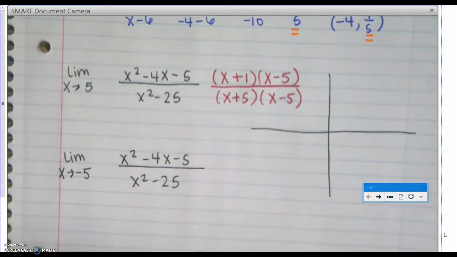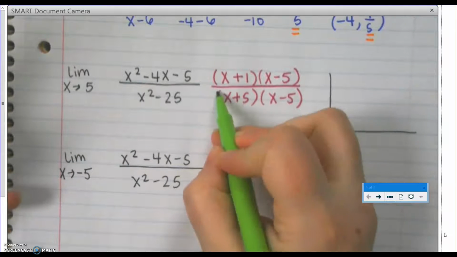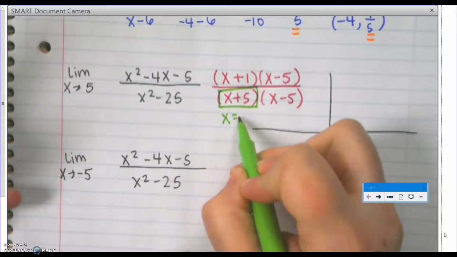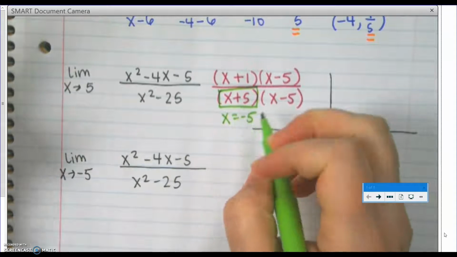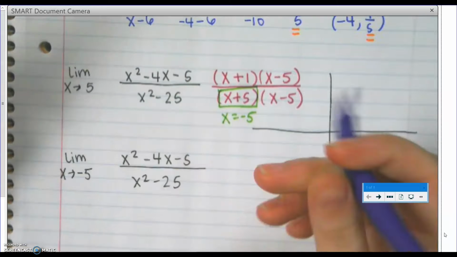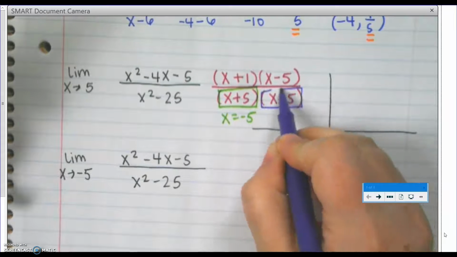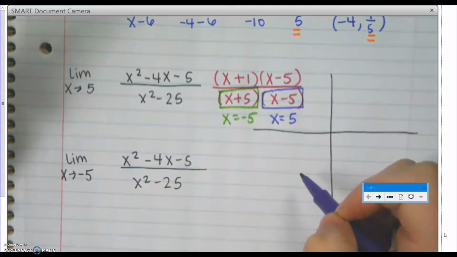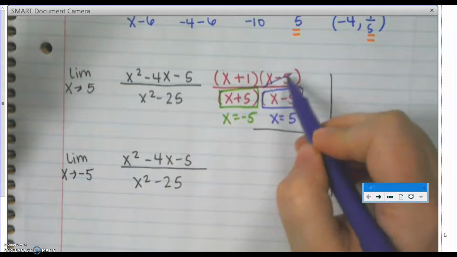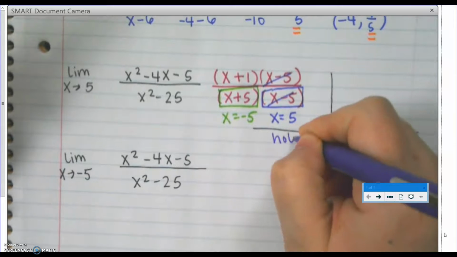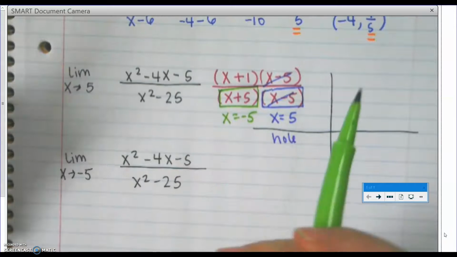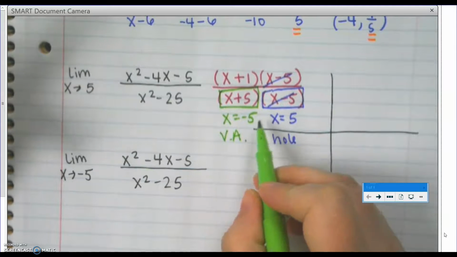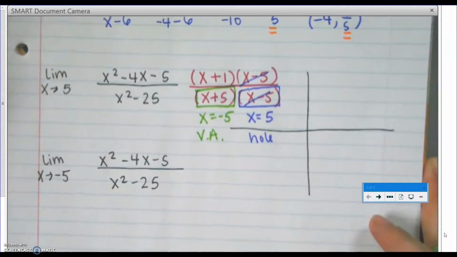So if I'm looking at my denominator, for this factor, if x is equal to -5, that will make that factor 0, so that's something. And for this factor, I can see when x equals 5, that is also something. Because these cancel, when x equals 5, there's a hole. Because this one does not cancel, there is a vertical asymptote there.